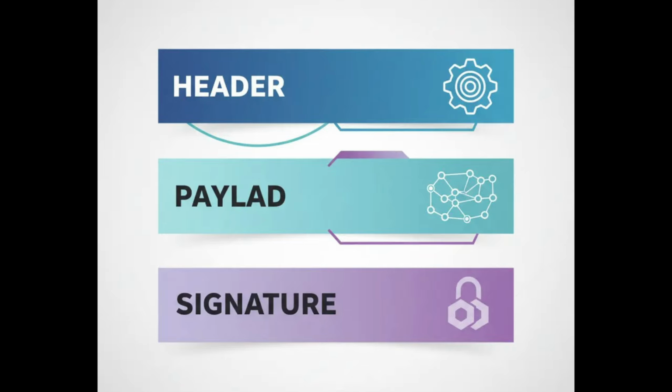Common claims you will see: sub, subject, usually user ID; exp, expiration time; iat, issued at; iss, issuer; audience; and role or custom claims. Important: JWT payload is not secret. Anyone can decode it. Never put passwords, secrets, or sensitive personal data in the token.